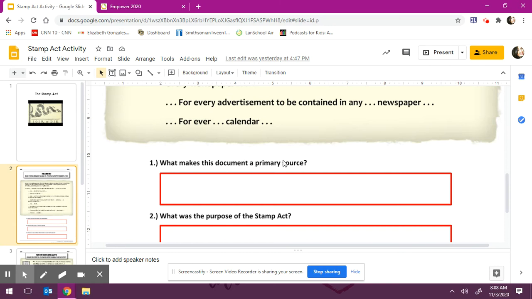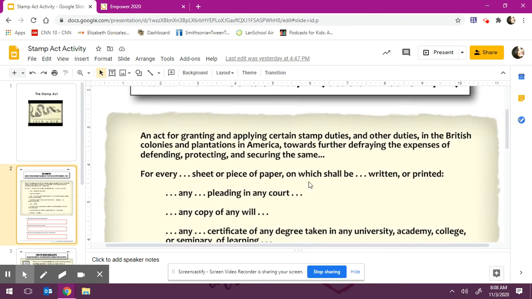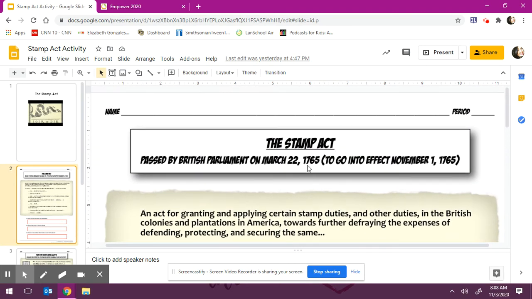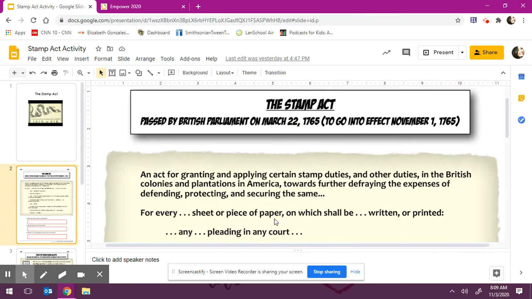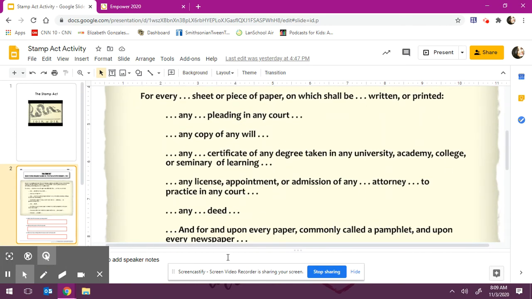You'll learn about it, but a primary source is something that comes from that time. So this is from 1765, and this is from the Stamp Act, okay? I want you to look again.